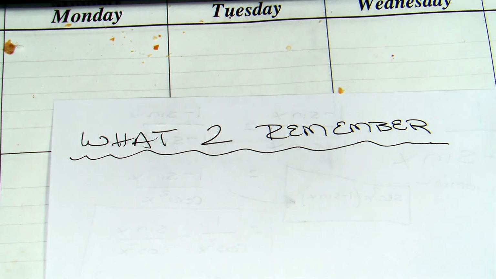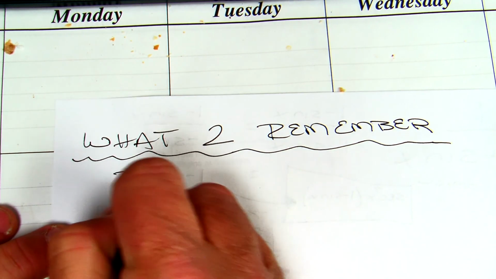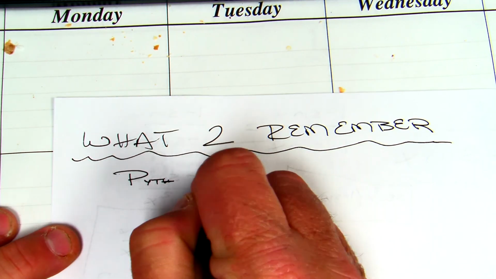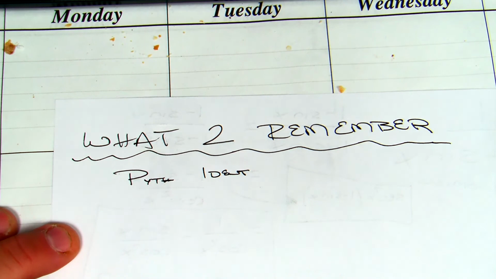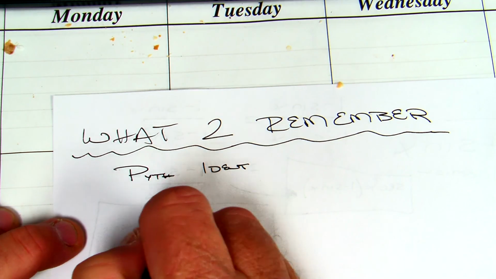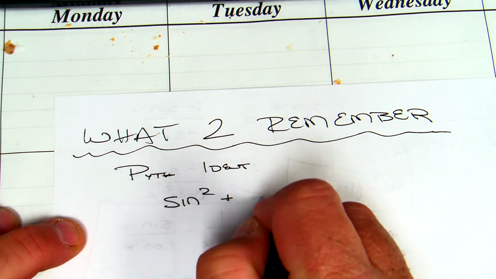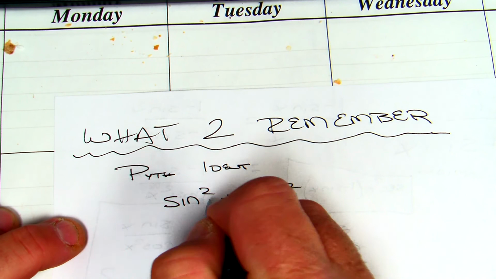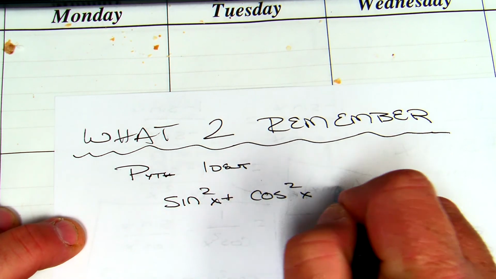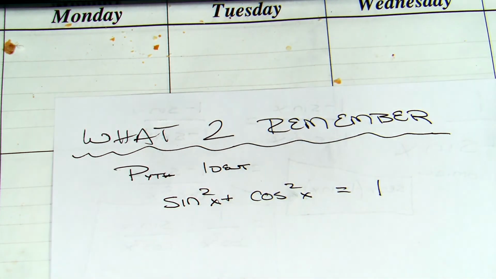So, okay, one thing is obviously the Pythagorean identities. And hopefully it's ingrained in your head. Sine squared plus cosine squared, whatever variable they give you, is equal to 1.